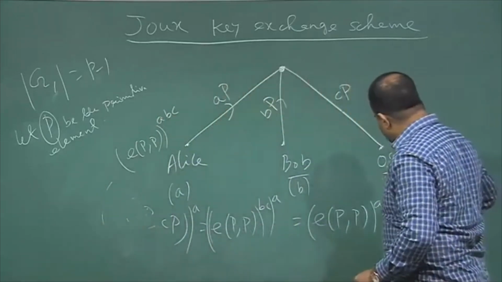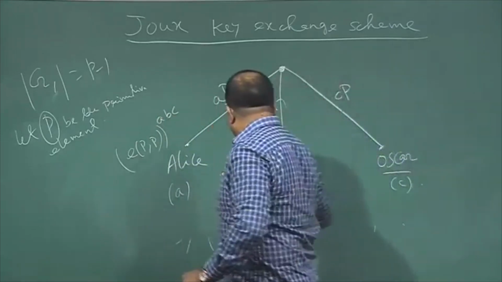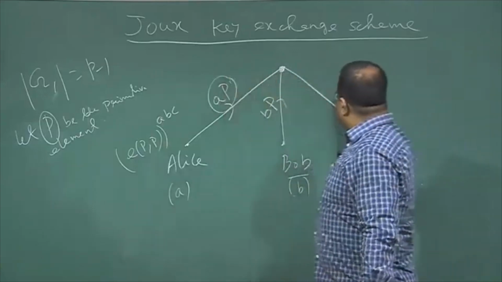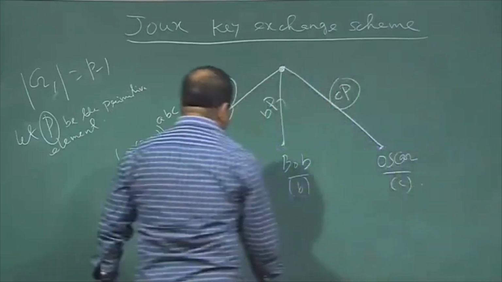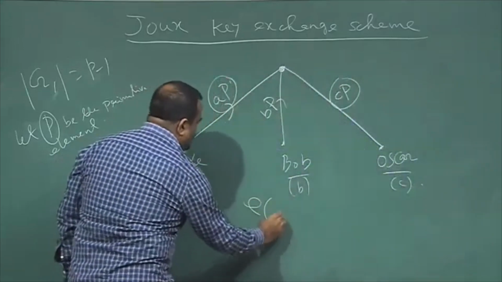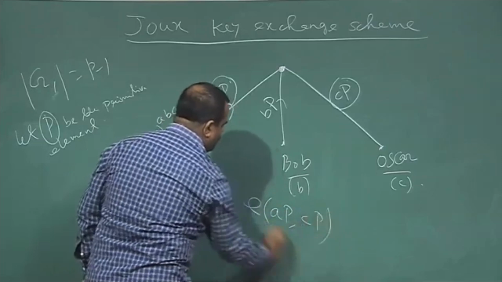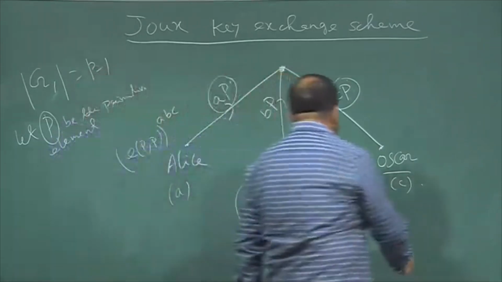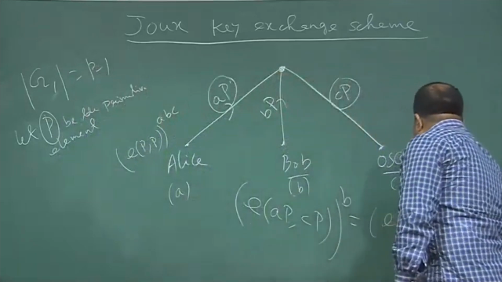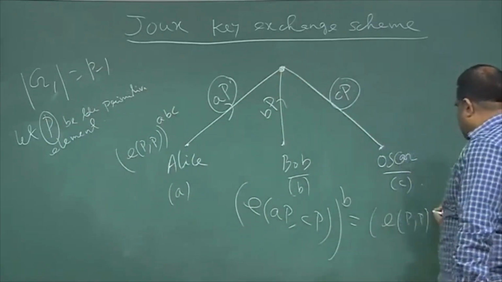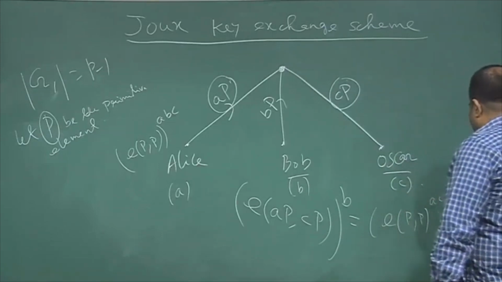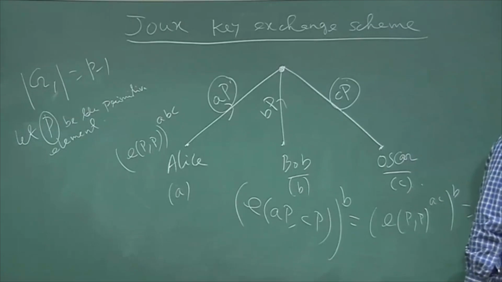Now what can Bob do? Bob has b. Bob gets aP and cP from the other two parties. Bob will compute e(aP, cP) to the power b. This is basically e(P,P) to the power ac, raised to the power b, which is e(P,P) to the power abc.